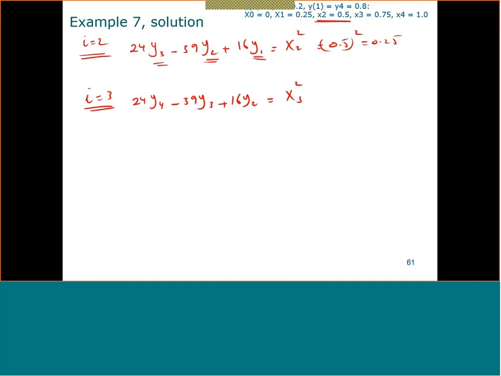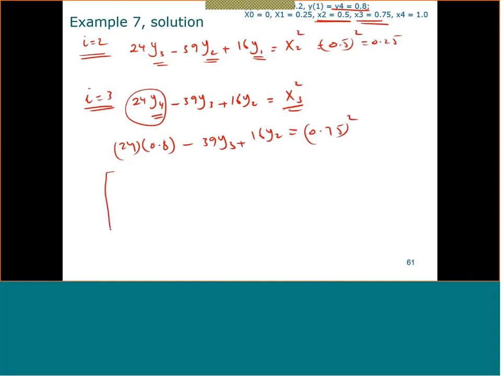Now y4, I know it. y4 is 0.8. This is the other extreme boundary condition. So this becomes 24 times 0.8 minus 39y3 plus 16y2 equal to x3 squared, which we also know, 0.75 squared.